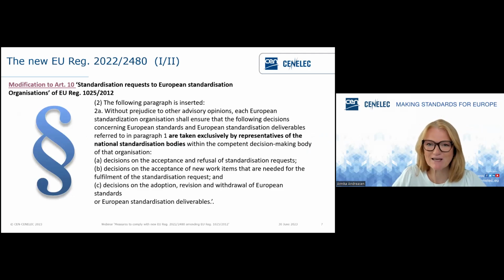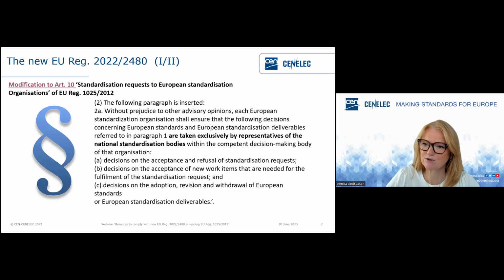So we have a modification of Article 10, standardization request, European standardization organizations of the EU Regulation 1025 from 2012. And we have a new paragraph inserted in that article. And I will read it so we get it all.